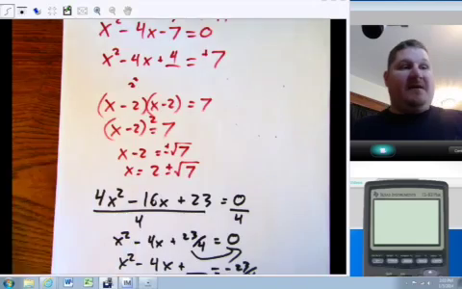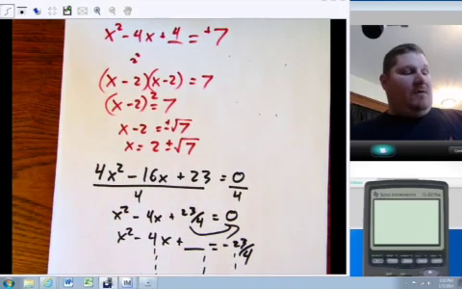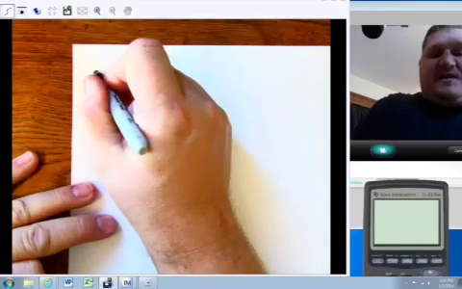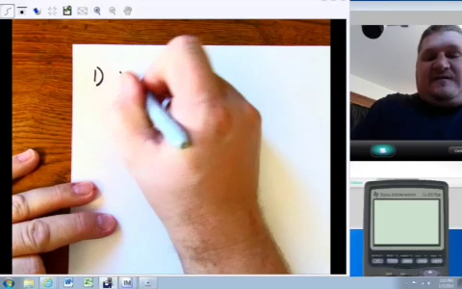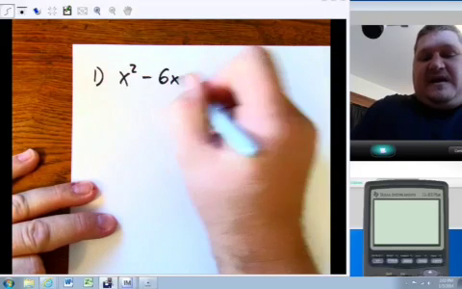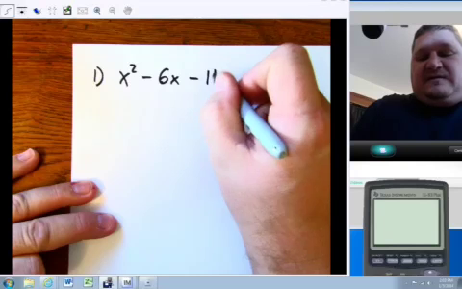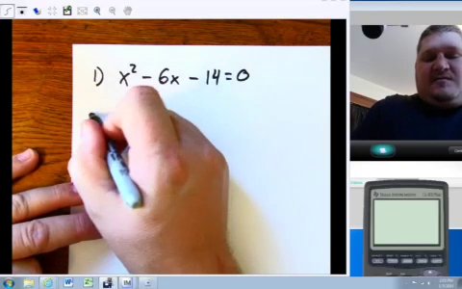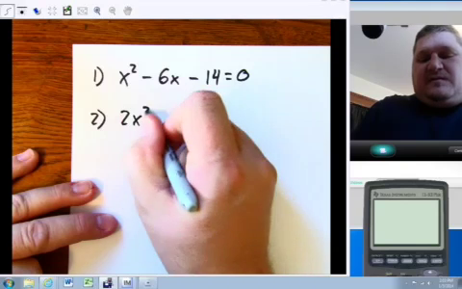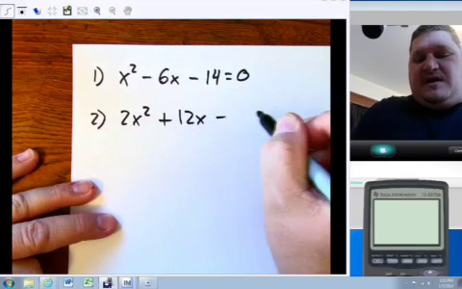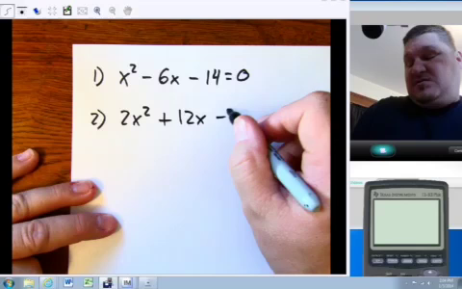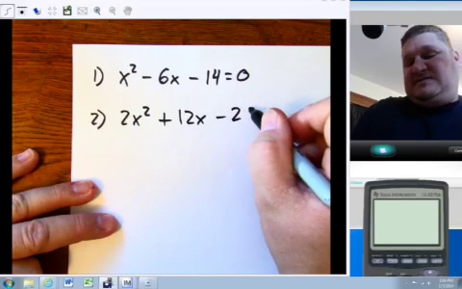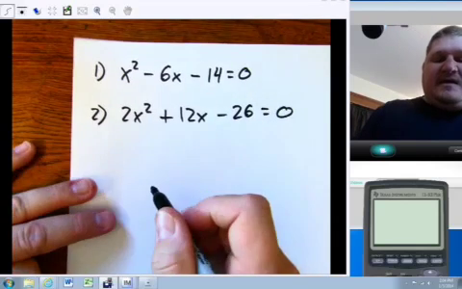Okay, now what we're going to need to do now is you have a little bit of homework. I want you to complete the square on the following problems. Number 1, x squared minus 6x minus 14 equals 0. And number 2, 2x squared plus 12x minus 26 equals 0.